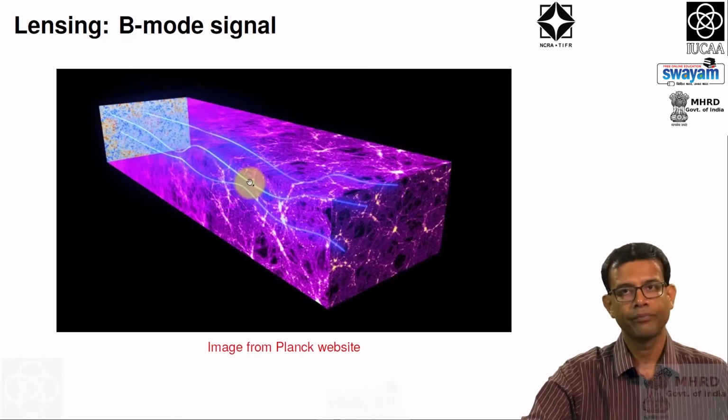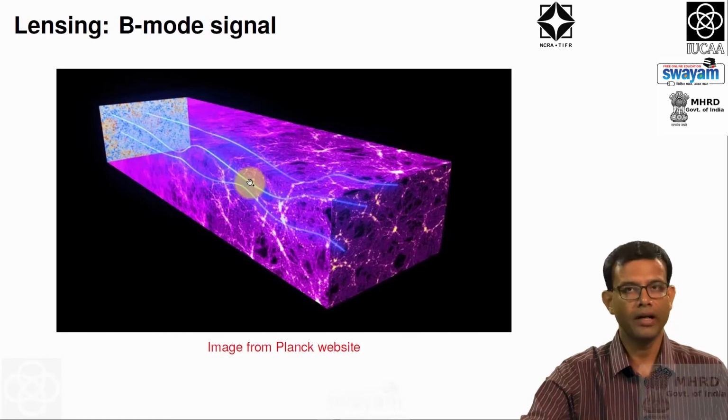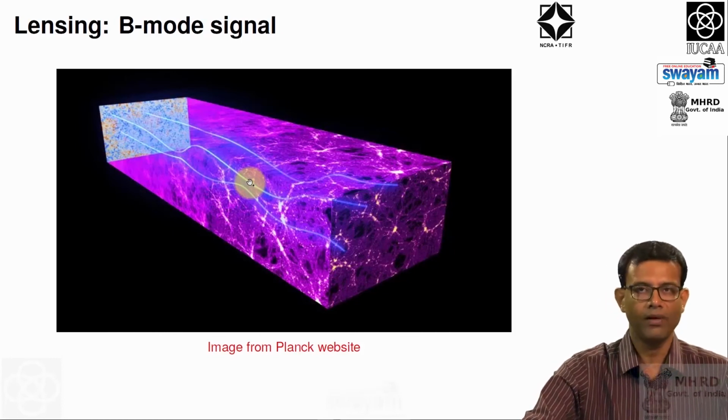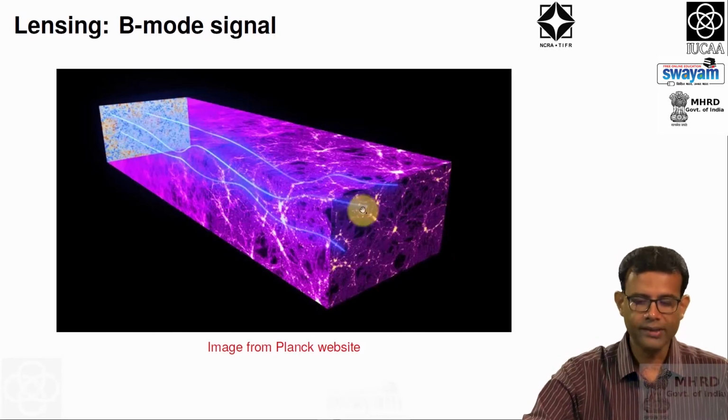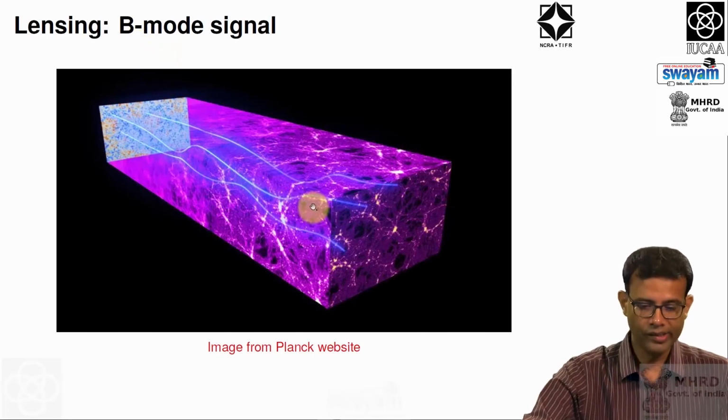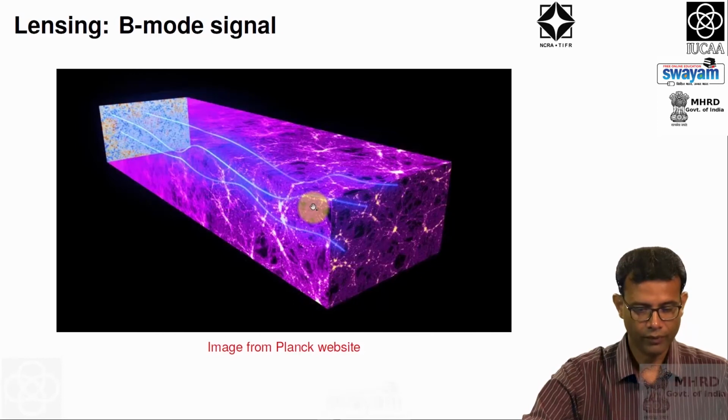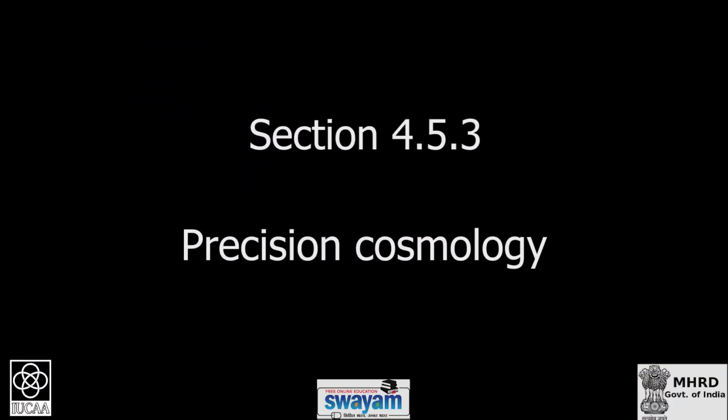Okay. This is a prediction of general relativity, that light will bend when it passes through a potential. So, this is called lensing. The CMBR photons will get lensed, and one can show that this lensing will give rise to an additional signal which will show up as B mode polarization, and that is again something which is an interesting case to study.